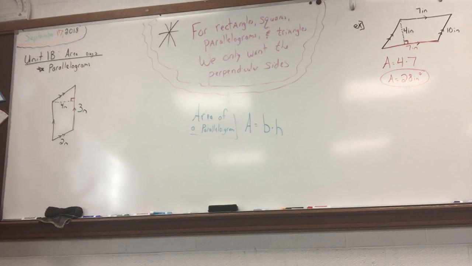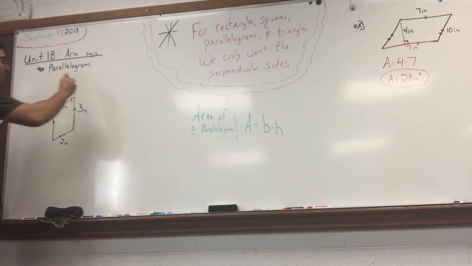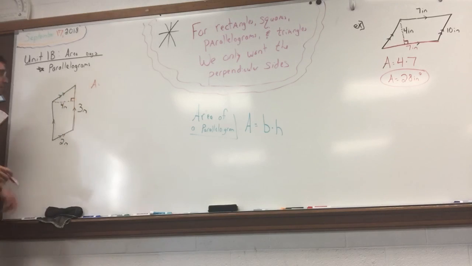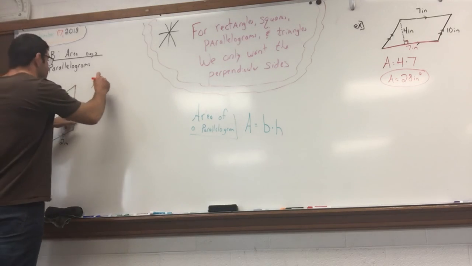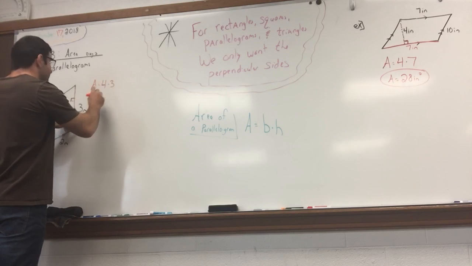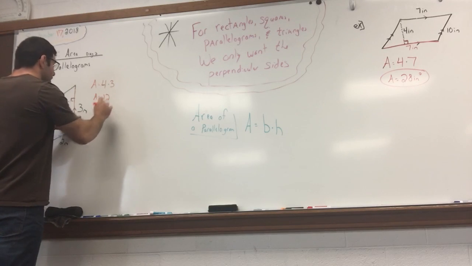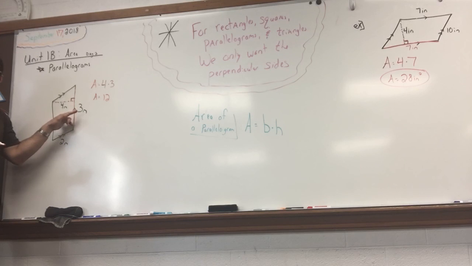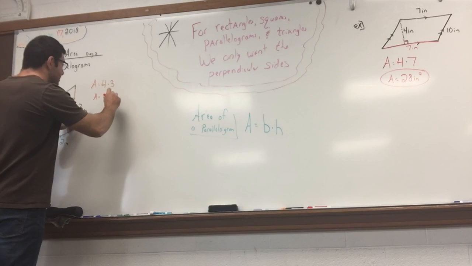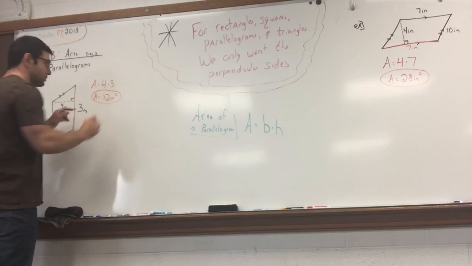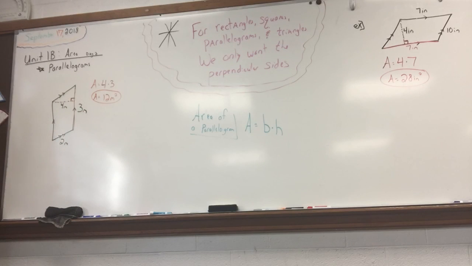Because those are my perpendicular sides. That means those are my bases and my heights. So what two sides do we have to use? Leighton? You have to use 4 meters and 3 meters. So I would do 4 times 3. And we have to remember that area is always units squared. Everybody with me? Okay.